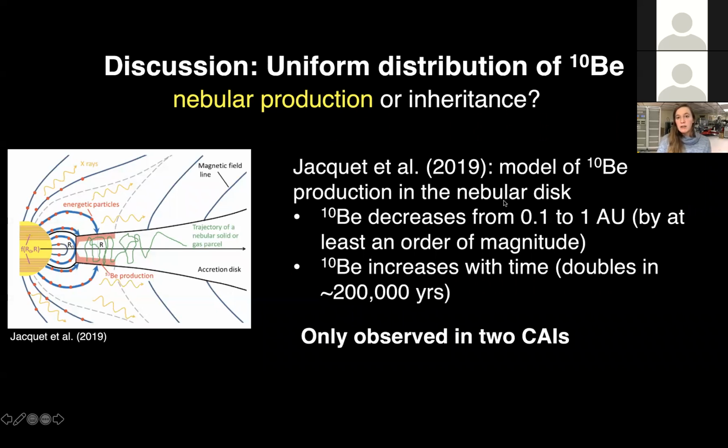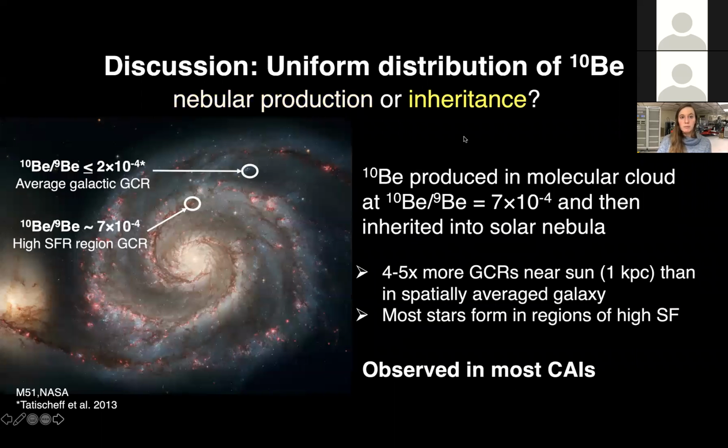And Jacquet et al. 2019 modeled that the beryllium-10 would decrease as you go out from the sun by quite a lot, and it would also increase with time. Because this is only observed in 2 CAIs out of the almost 50 that have been measured, we think that this is not the main way that beryllium-10 is produced.